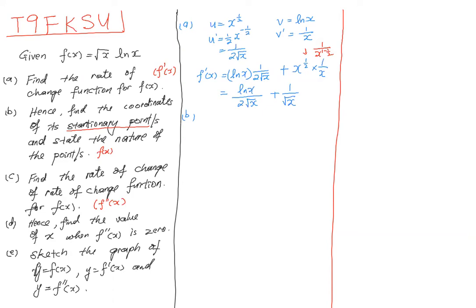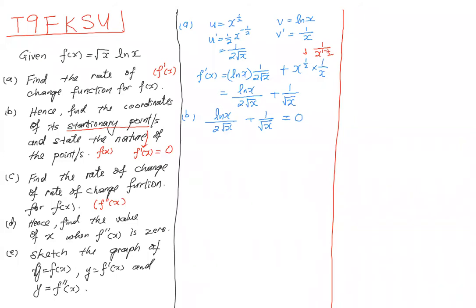This is telling us that f prime x is equal to 0. Stationary means the rate of change is 0. So I'm going to put ln x over 2 square root of x plus 1 over square root of x. That is my f prime x equal to 0.